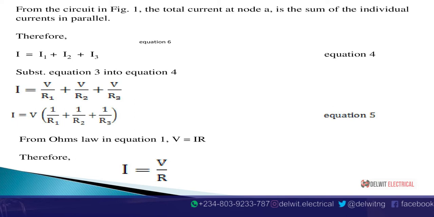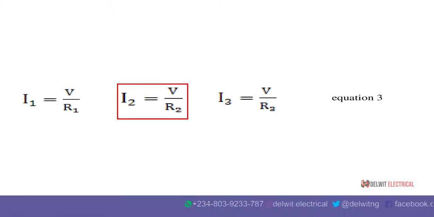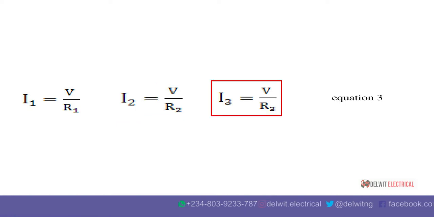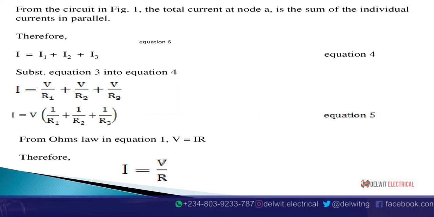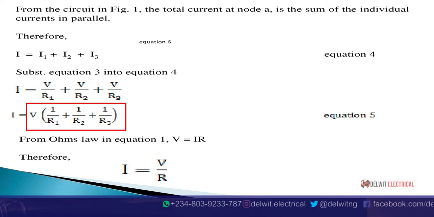That is to say, I1 is V over R1, I2 is V over R2, and I3 is V over R3. Since V is common, we can bring out V and put 1 over R1, 1 over R2, 1 over R3 in brackets. Now we can see that our equation 5 gives us what our I looks like.